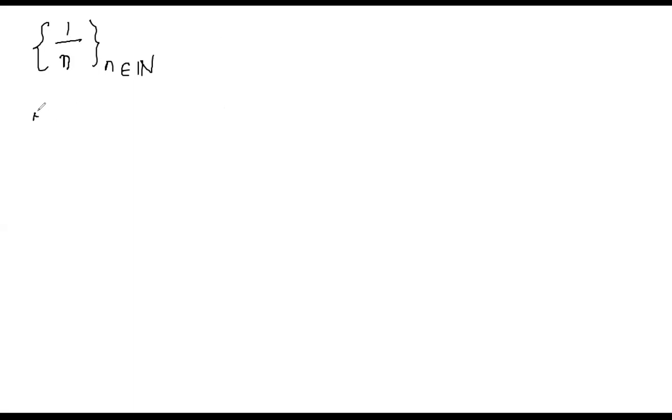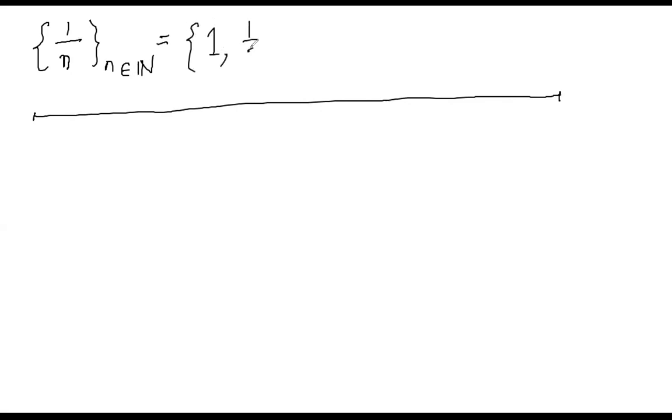What's going to happen is that the first member will start at 1, followed by 1 over 2, 1 over 3, 1 over 4, 1 over 5, and so on. You start with 1 here. Then it goes to 1 over 2, which is here. 1 over 3 will be somewhere around maybe here.